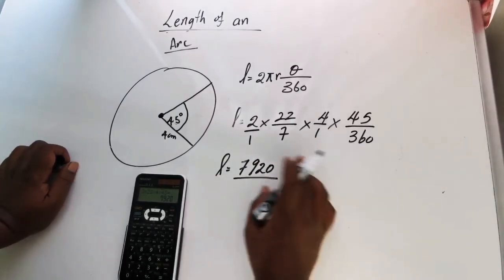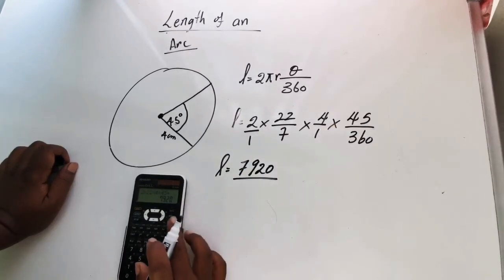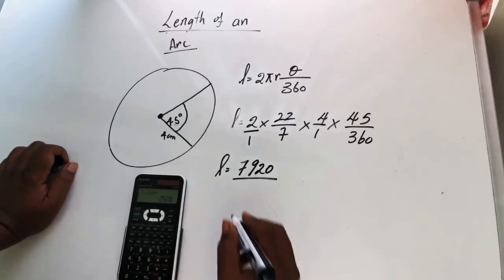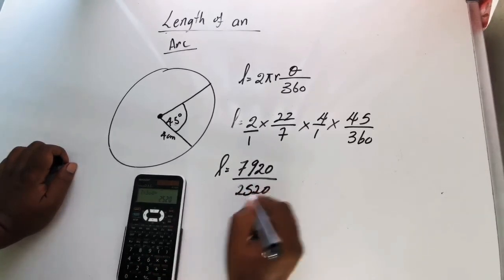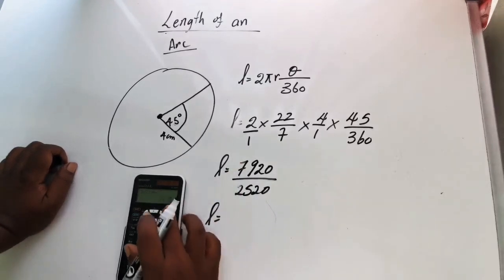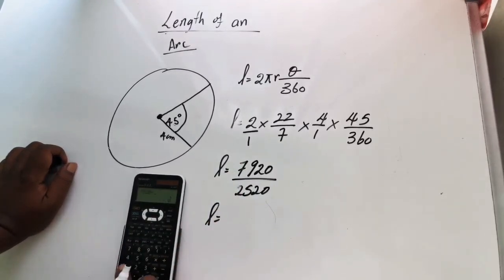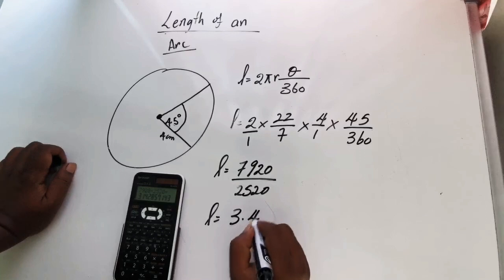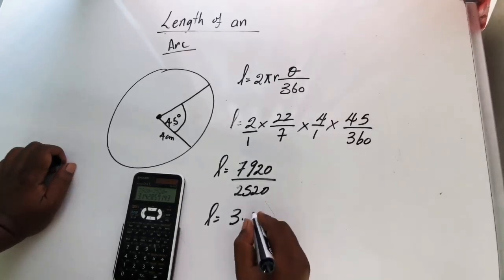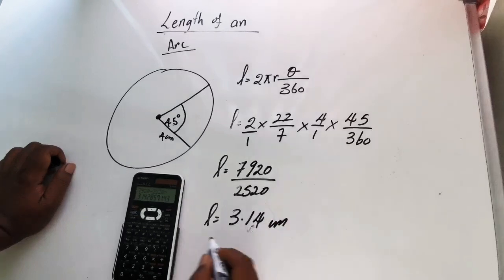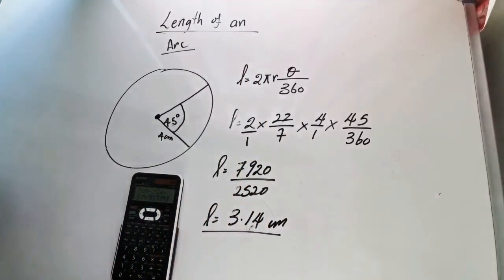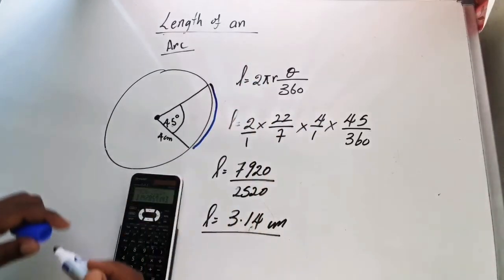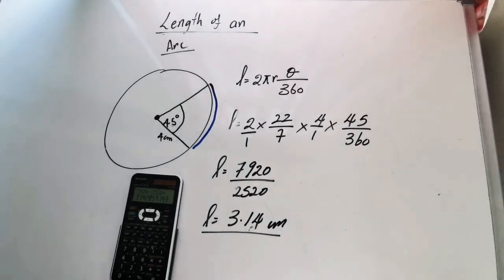And then we multiply all our denominators, which is 1 times 7 times 1 times 360, which is basically 7 times 360, and that's going to give me 2520. 7920 divided by 2520 is going to give me 3.14 cm, and this is the length of the arc, which would be this piece here. So from there to there is 3.14 cm.